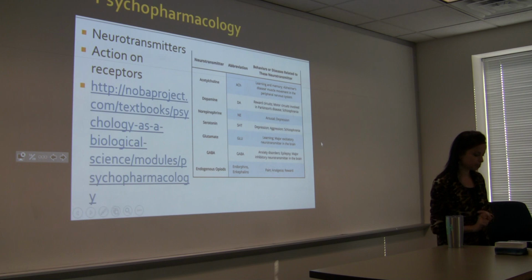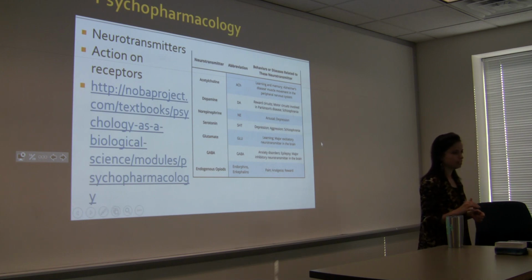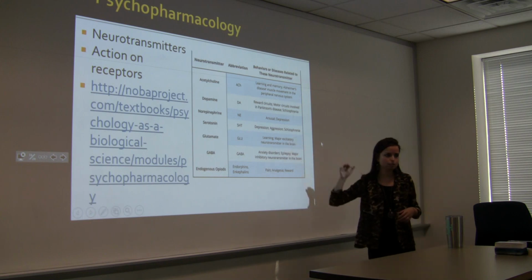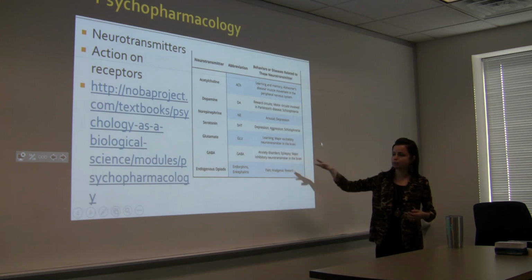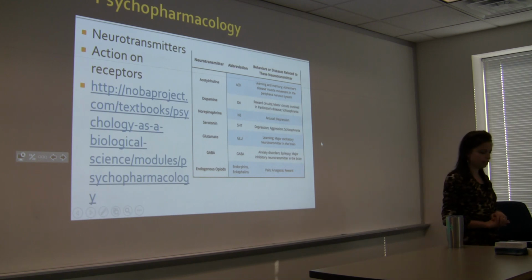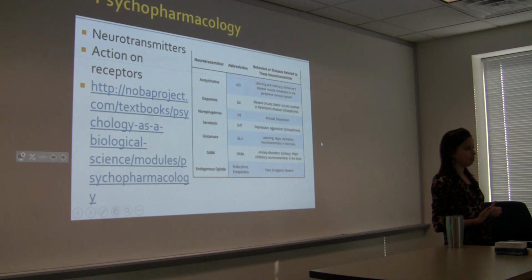It's involved in anxiety as well, epilepsy, and it's an inhibitory neurotransmitter. So glutamate is an excitatory neurotransmitter, and GABA is an inhibitory neurotransmitter. And endogenous opioids are involved in pain, analgesia, and reward. If you've heard about runner's high, that works through endogenous opioids in the system.